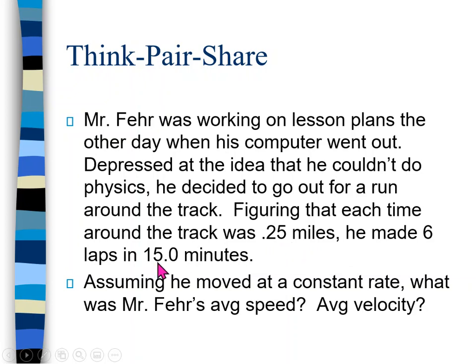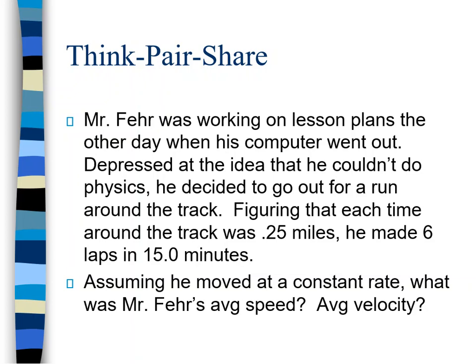And that took me 15 minutes, which is a quarter of an hour. So 1.5 miles divided by 0.25 hours. Let's go ahead and get out our calculators for that. 1.5 divided by 0.25, yeah, 6 miles an hour. I'd be happy if I could make it around the track like that.